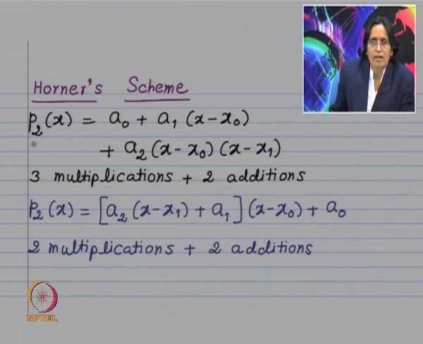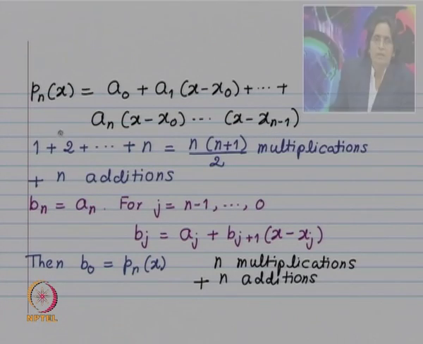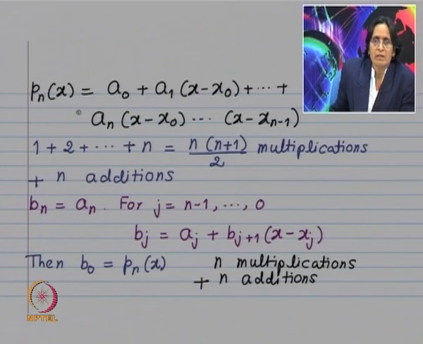So, for the quadratic polynomial the saving is small, but for a polynomial of degree n, the saving is going to be much more. If I evaluate Pn in Newton form directly, I will have 1 multiplication in the first term, the next term will have 2 multiplications and the last term will have n multiplications.